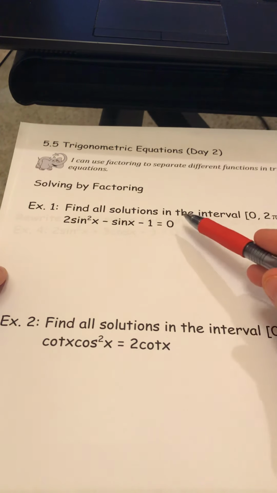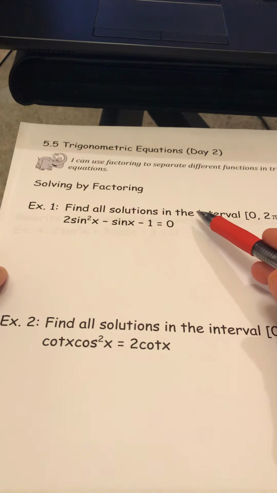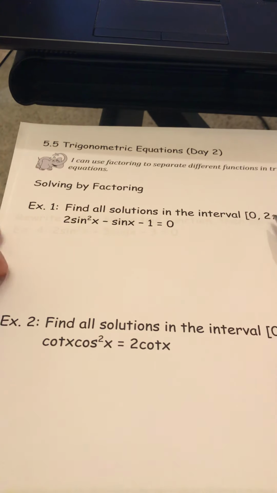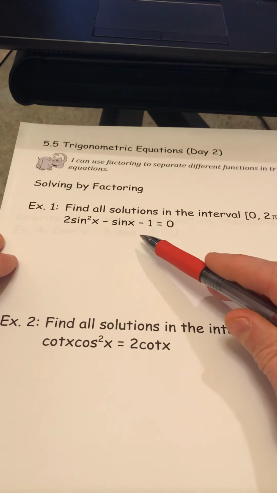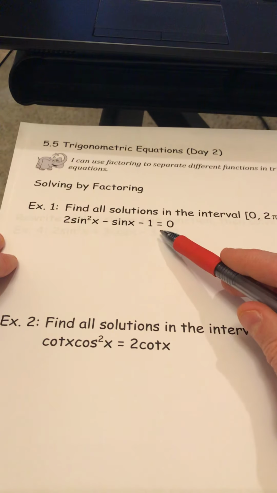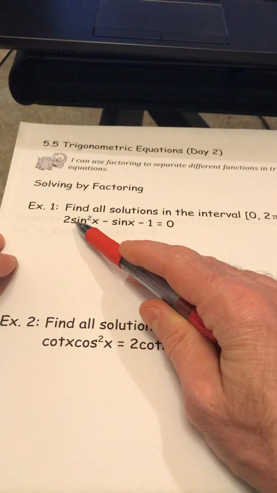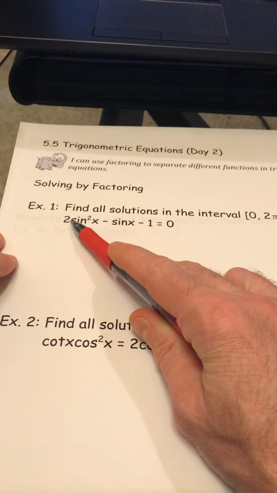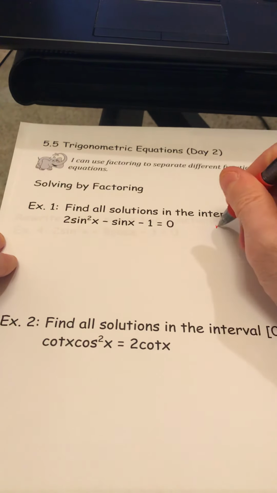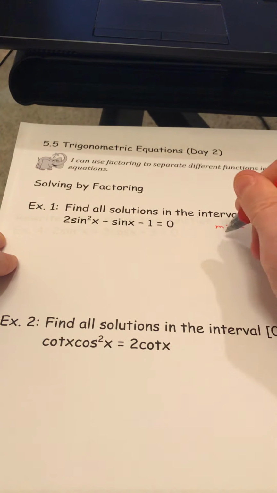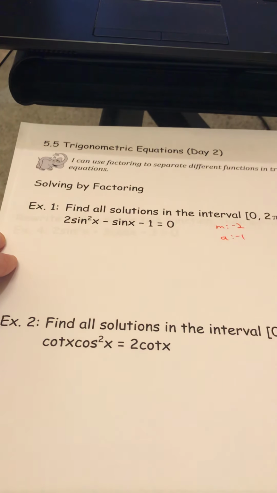So, to get started here, the first one says find all solutions in the interval 0 to 2 pi for 2 sine squared x minus sine x minus 1. Well, for this, we are going to have to split the middle. So what we're going to do, take a times c, so we're looking for what multiplies to negative 2, what adds to negative 1.